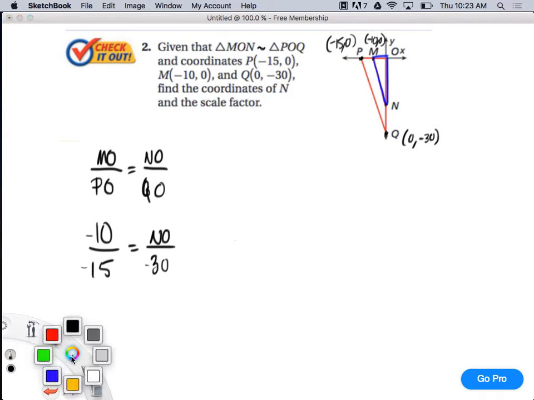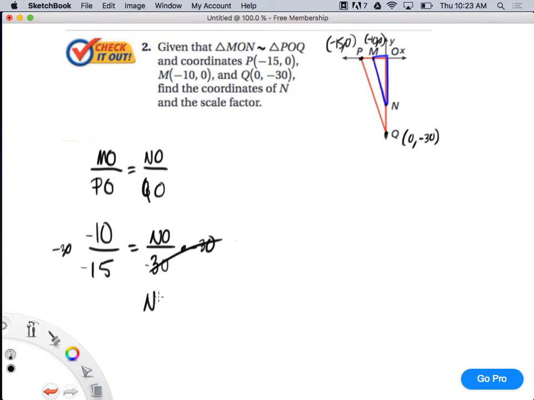I could cross multiply, but I just have to multiply both sides by negative 30. And I end up with NO equals negative 30 times 10, which is 300, divided by negative 15, equals negative 20. So there's my point, 0, negative 20.